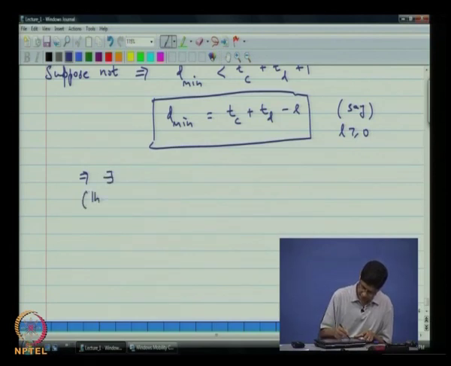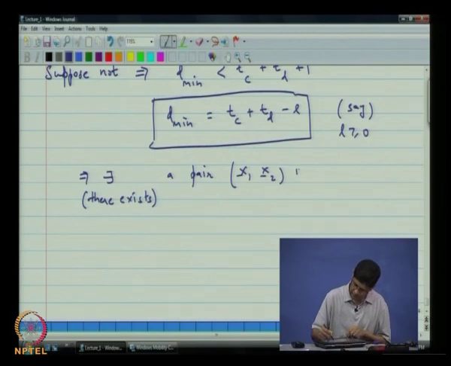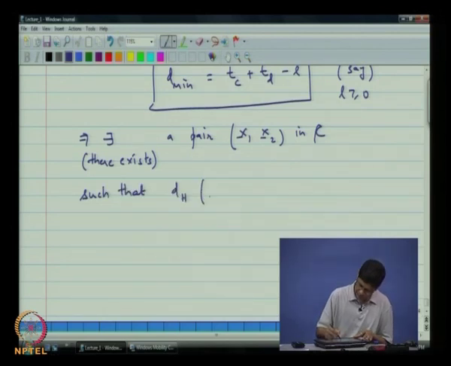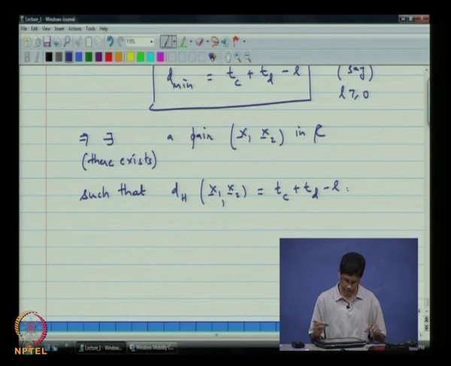Okay, so, this symbol means there exists a pair of code words x1, x2 in the code C such that the Hamming distance between x1 and x2 is equal to t sub c plus t sub d minus L, right.